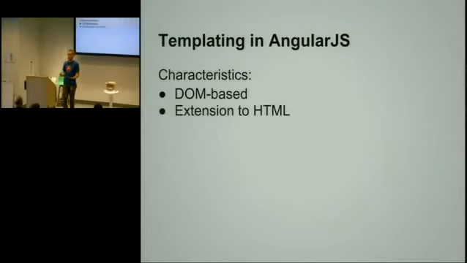This allows us to have the templating language, which is just an extension of HTML. Because by adding extra attributes to existing elements or creating custom elements, the browser will just preserve this in the DOM, and we will find them in the DOM when we traverse the DOM.